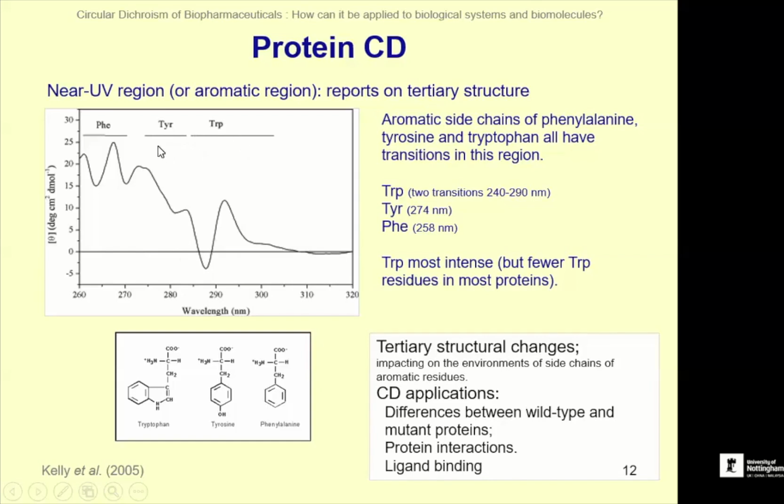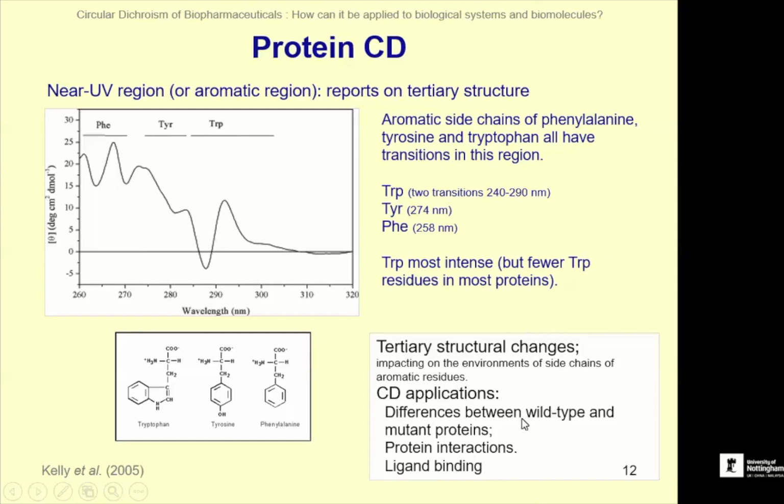The tryptophan and the tyrosine spectra overlap, so sometimes it's difficult to tell apart what's happening, but up to 300 nanometers. So specific regions of the spectrum are going to report to you on what the side chains of these different aromatics are doing, plus and minus your drug effects on the protein. So this is reporting tertiary structural changes.